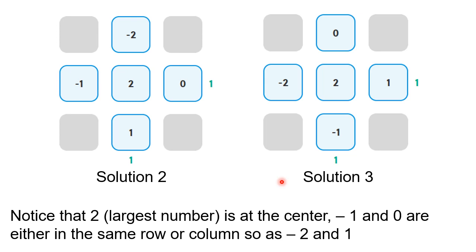You notice here that the largest number, which is +2, is always at the center, while the -1 and 0 are in one row or one column, and the -2 and the +1 are also in either one column or one row. By observation, we can use this as our way of knowing the other solutions as well.